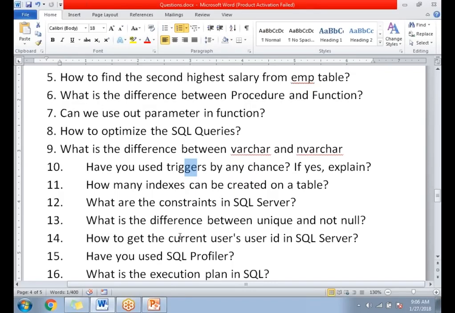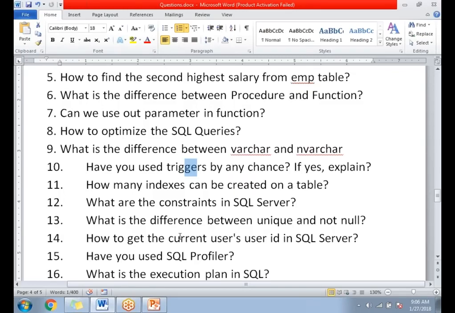Non-clustered indexes can be created on numerical data types as well as varchar or string data types. When you go to the clustered index, if you create a clustered index in a table, it means the data is going to be stored physically based on that. See, if you have a primary key on a table, it acts as a clustered index.